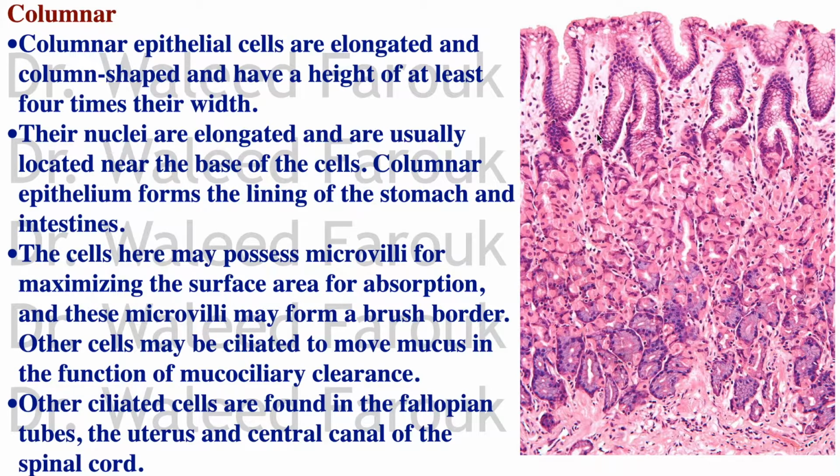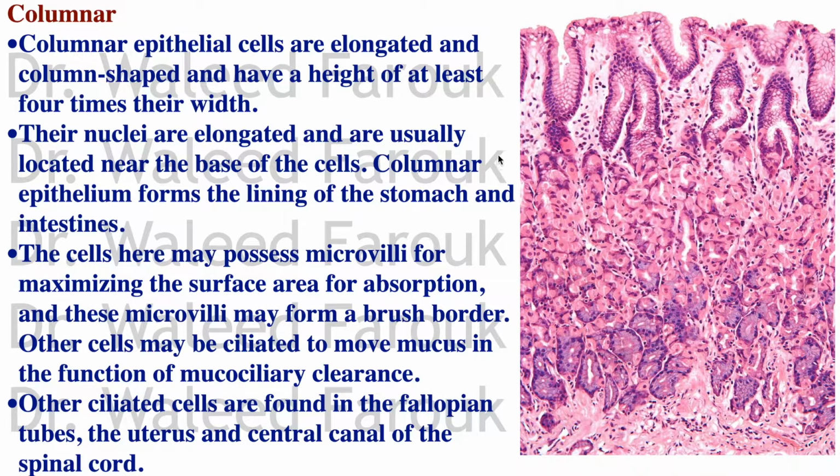Other cells may be ciliated to move mucus, with the function of clearing the mucus, usually towards the outside of the body. Other ciliated cells are found in the fallopian tubes, ciliated because they push the ova towards the lining of the uterus.